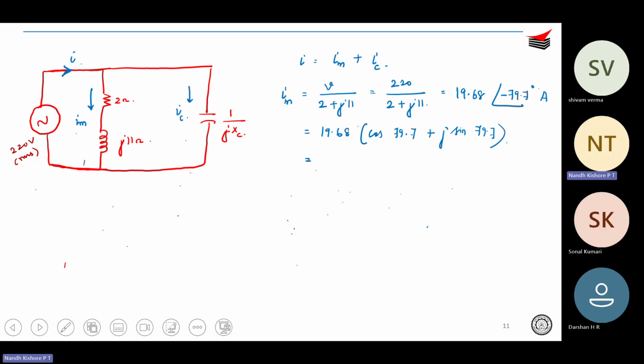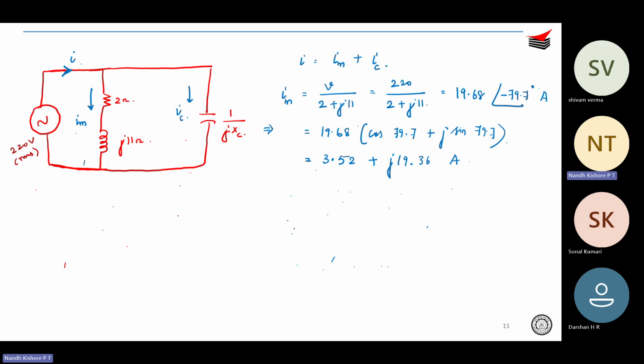So 19.68 into cos 79.7 gives you 3.52, plus j 19.68 into sine 79.7, which is j 19.36 amperes.